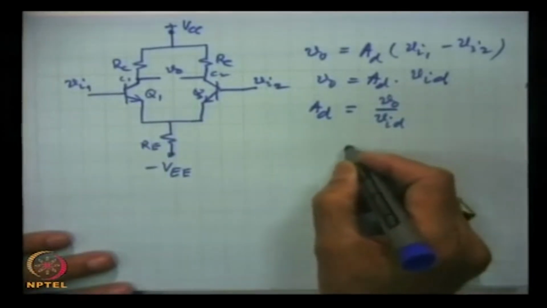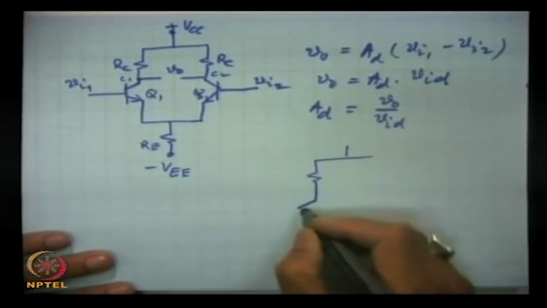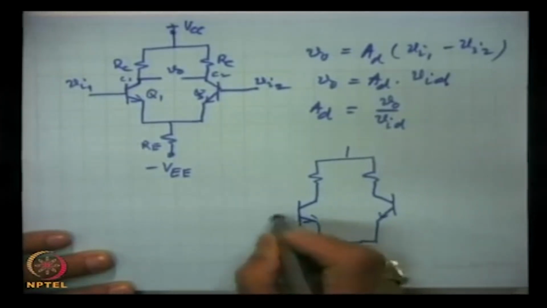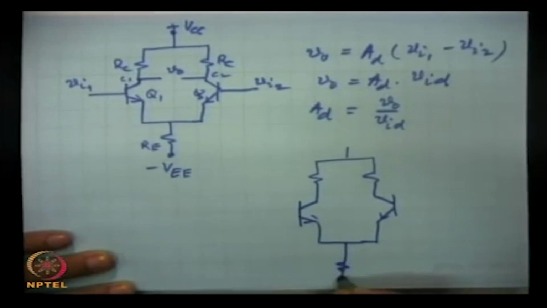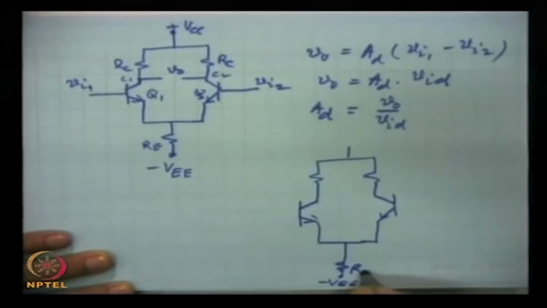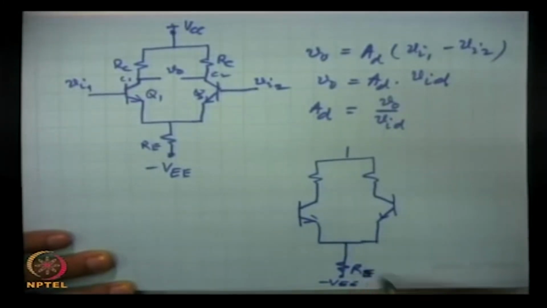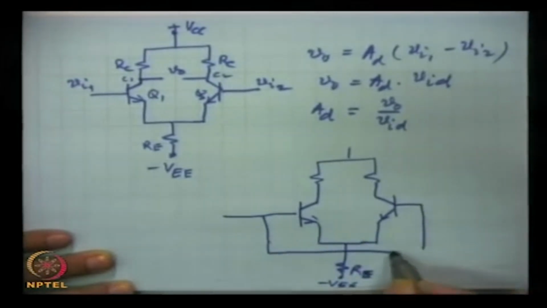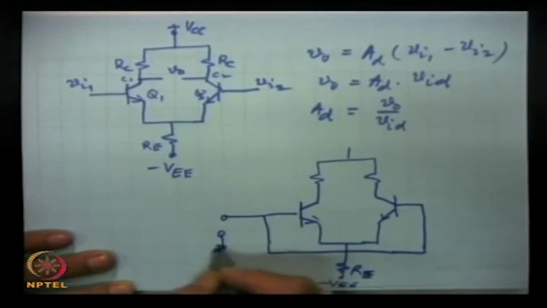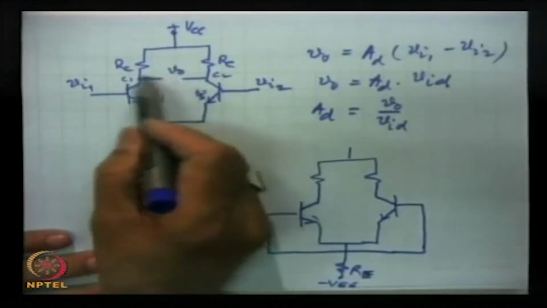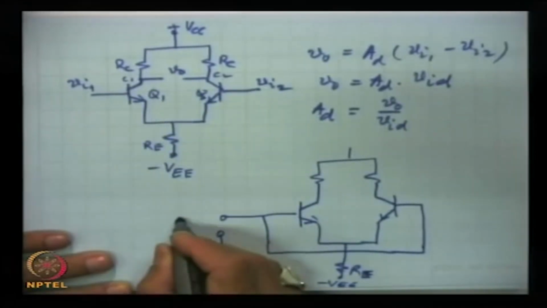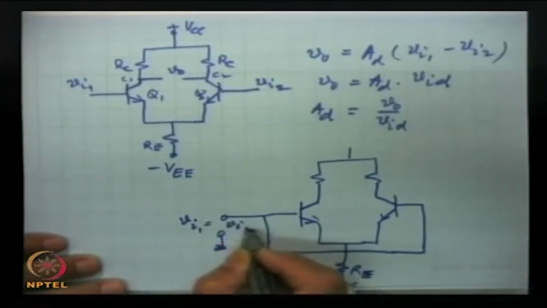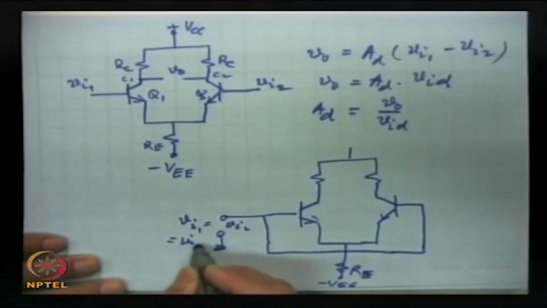For example, here the two inputs are shorted and we feed, with all voltages with respect to ground, Vi1 which will be the same as Vi2, which is the same as VICM, common mode.